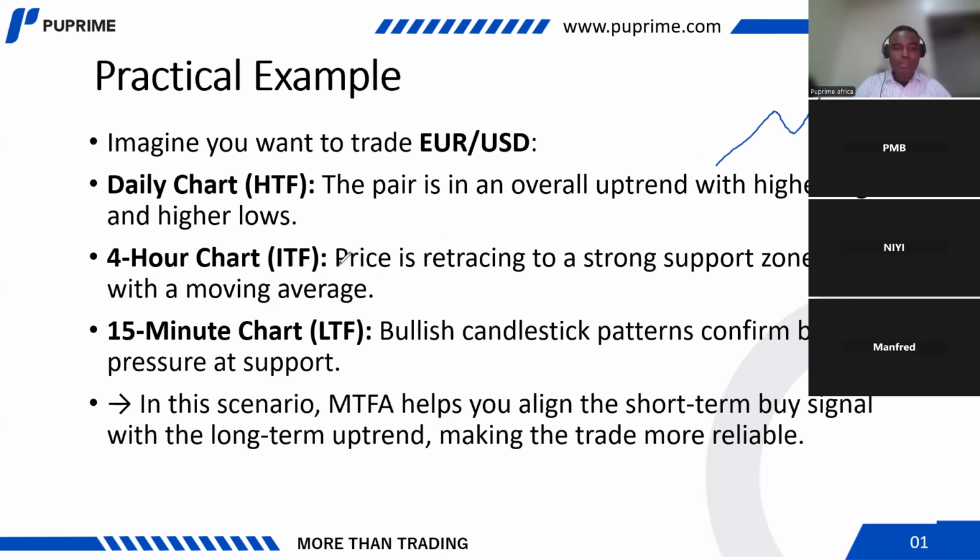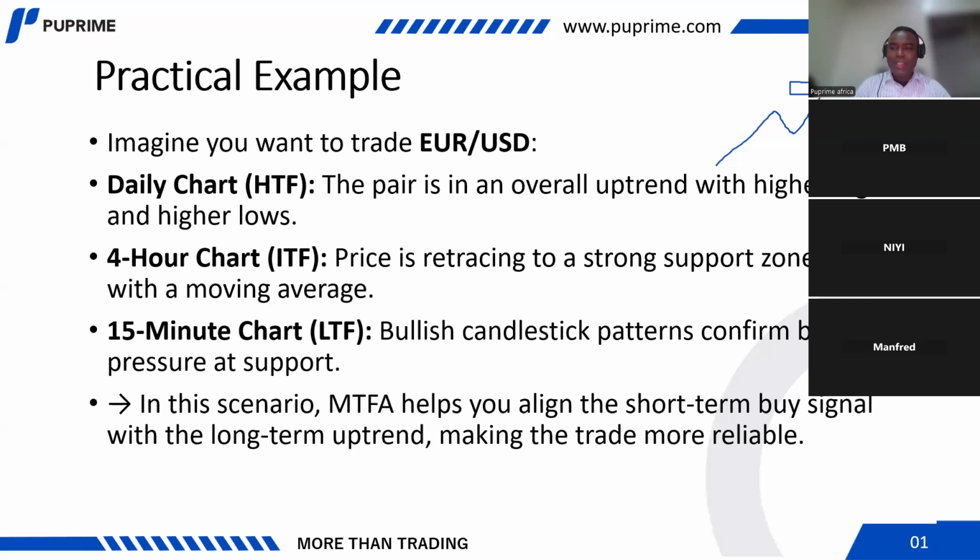On the 4-hour, price is retracing to a strong support zone. So let's say there's a previous support zone where price is retracing to, aligned with a moving average. The moving average is equally pointing upwards. On the 15-minute time frame, bullish candlestick patterns confirm buying pressure at support.